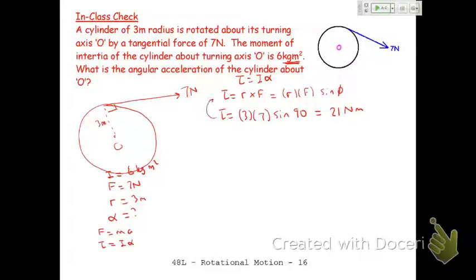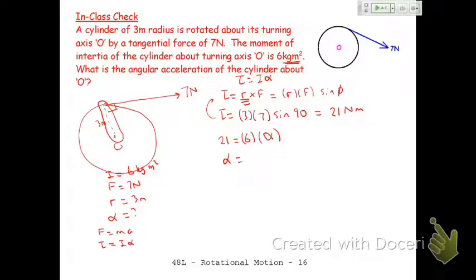So then I say, okay, 21 is equal to I. Where are you getting the R from in the equation? I'm getting it from that. So then I'm getting 21 is equal to I times alpha, and my I is 6, times alpha, which is what I want to find out.